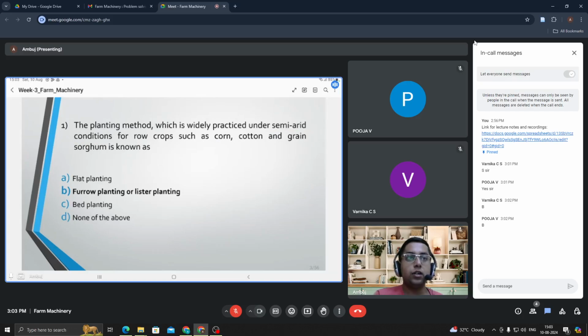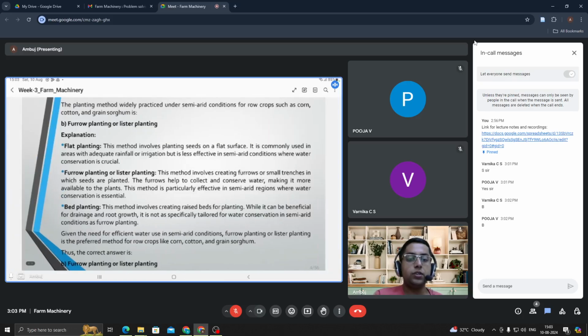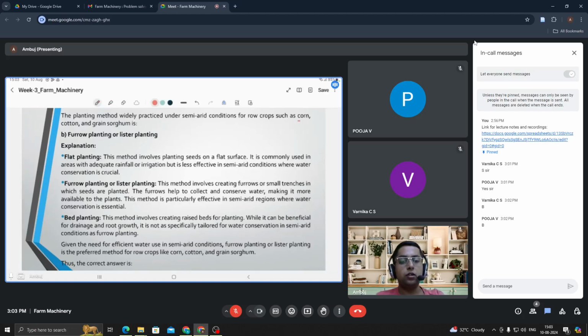Let us look at each of the options in great detail. The planting method widely practiced under semi-arid conditions for row crops such as corn, cotton, and grain sorghum. Most widely used planting method is furrow planting or lister planting. Other options are flat planting. This method involves planting seeds on a flat surface, as the name suggests.